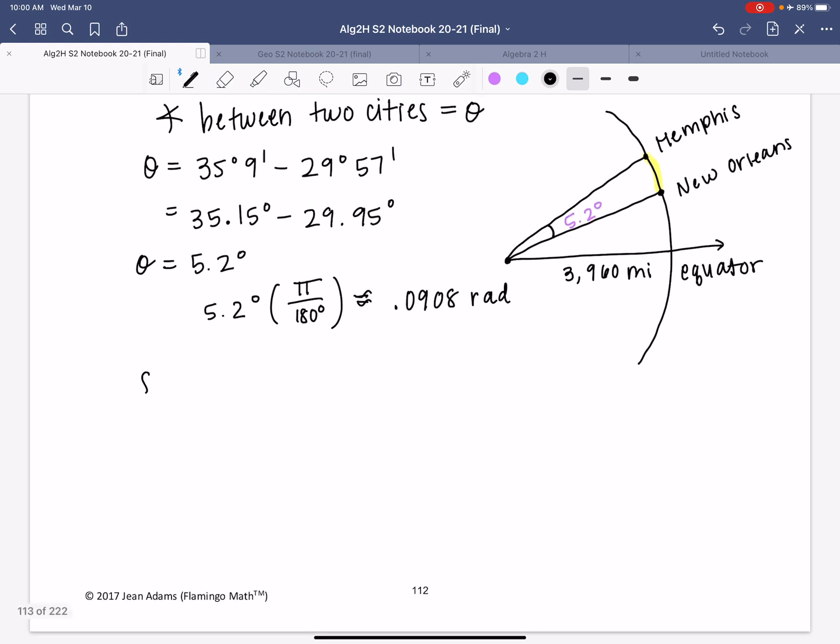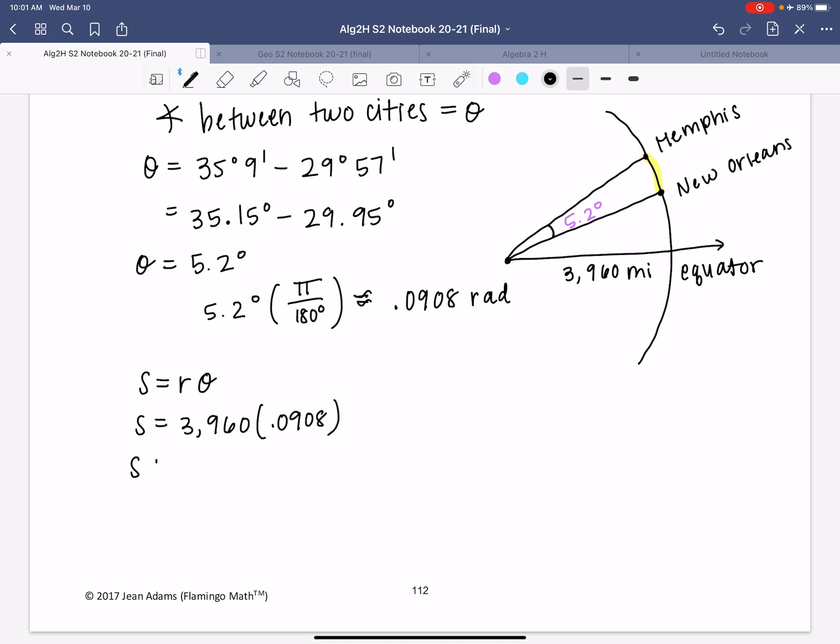So now we're going to find arc length. So remember, arc length is equal to our radius times our theta. So we're going to get S is equal to 3,960 times our theta of 0.0908 radians.